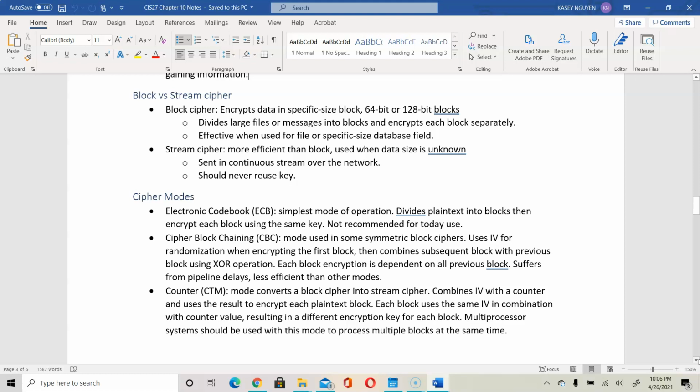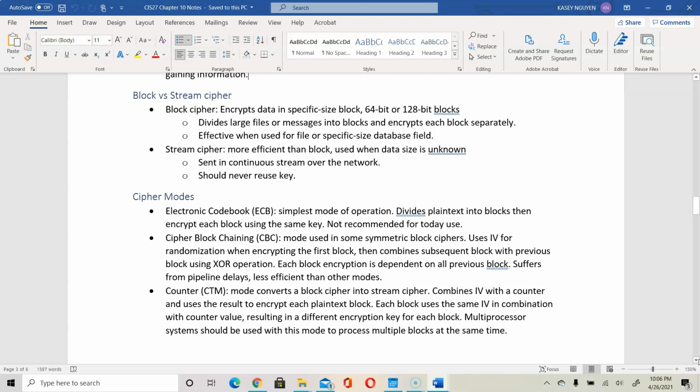The next cipher mode is cipher block chaining, your CBC. This mode is in some symmetric block ciphers, and you hear a lot of block chaining when we're looking at cryptocurrency and so on. It uses an IV for randomization when encrypting the first block.